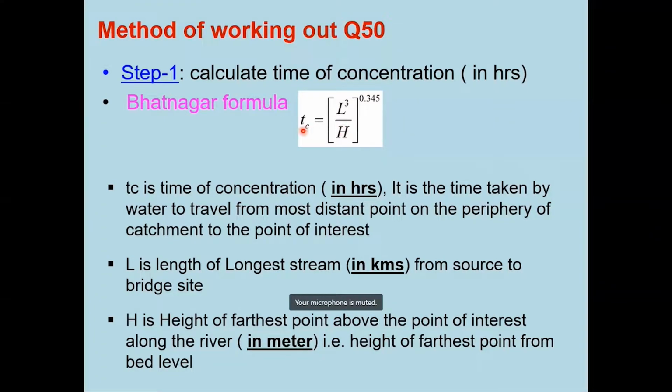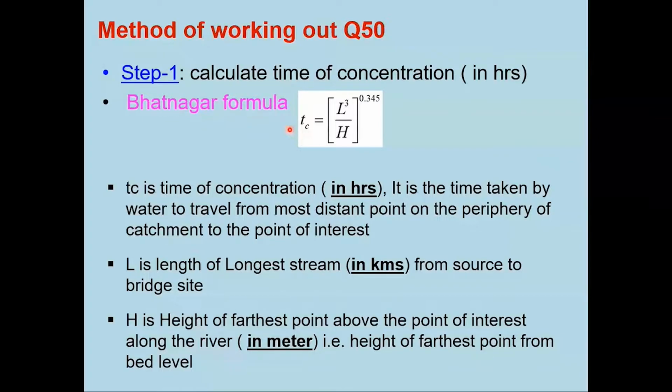So here TC is L cubed by H, to the power 0.385. This TC is the time the water takes from the farthest point to reach the point of interest. How is it calculated?